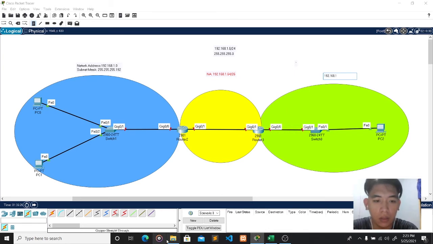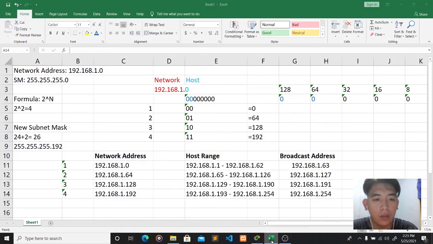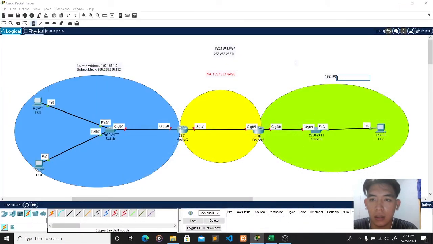Next, ano yung network address? .128. 192.168.1.128, subnet mask is 26. Ayun, nalagyan na natin ng network address yung tatlong networks.